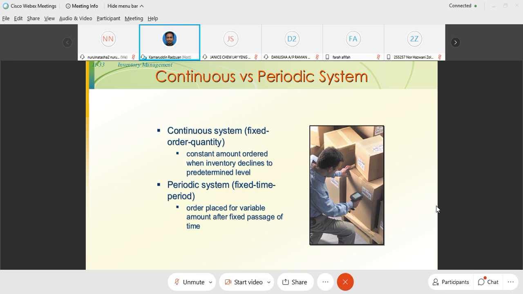One technique under it is POQ, periodic order quantity, which has a fixed time interval of reorder of inventory.